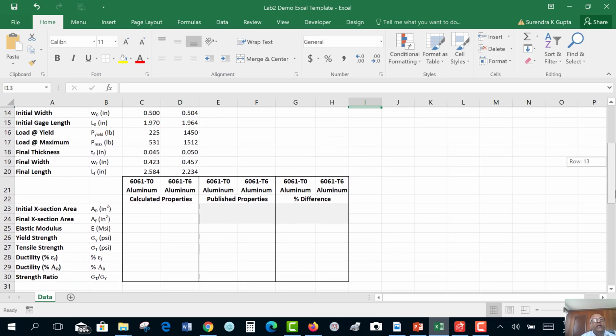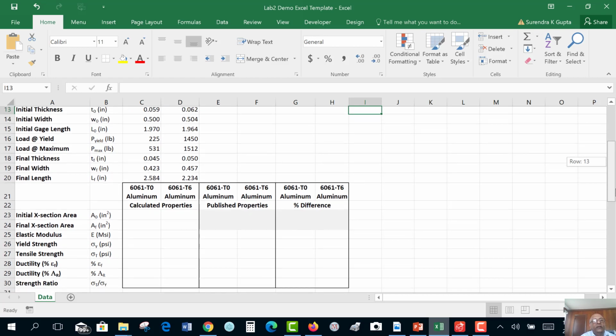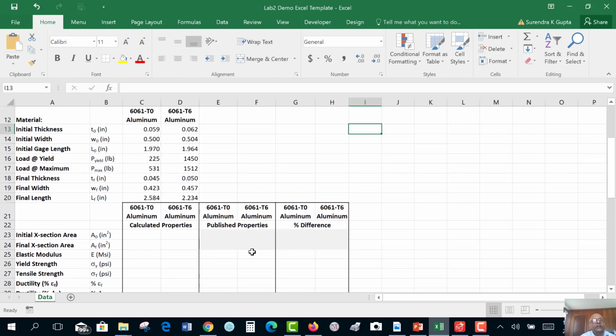Okay, so now we are ready to calculate our properties. So original area would be thickness times width. Final area would be final thickness times width. Elastic modulus, now this is measured by the machine.